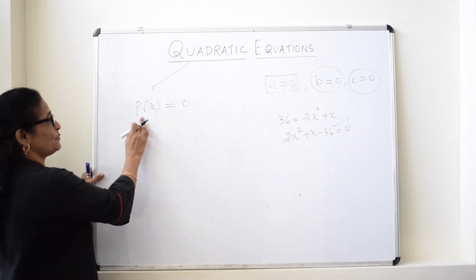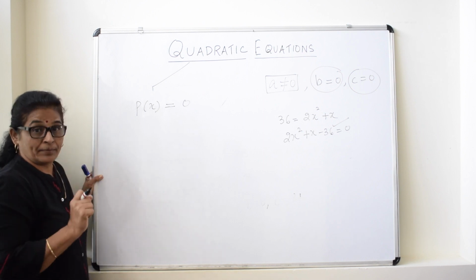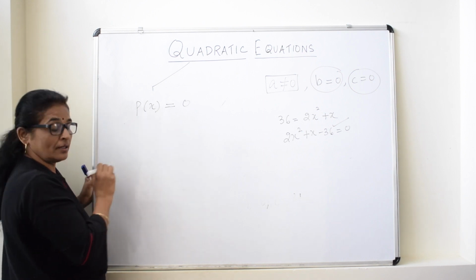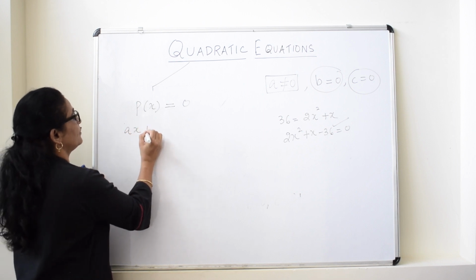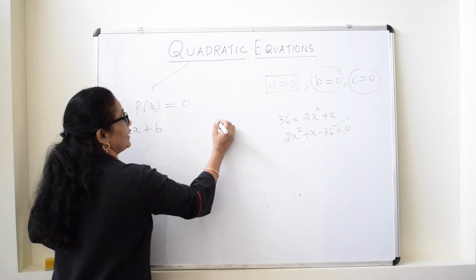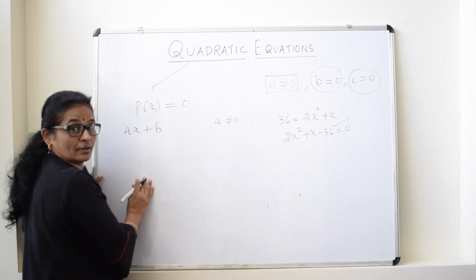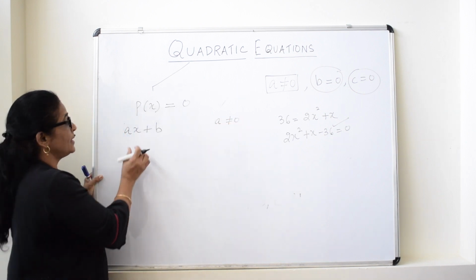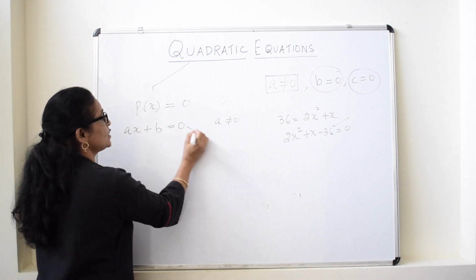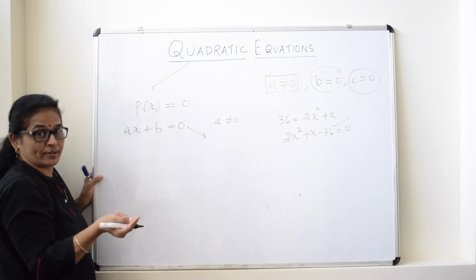Now this polynomial can be of any type. The first thing we can say, this polynomial is a linear polynomial. A linear polynomial will be of type ax plus b, where a is not equal to 0 and a and b are real numbers. So if this linear polynomial is equated to 0, this will give us a linear equation.